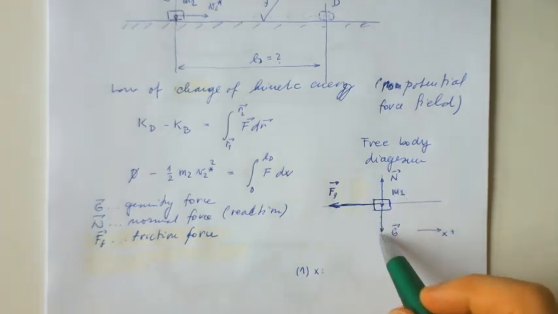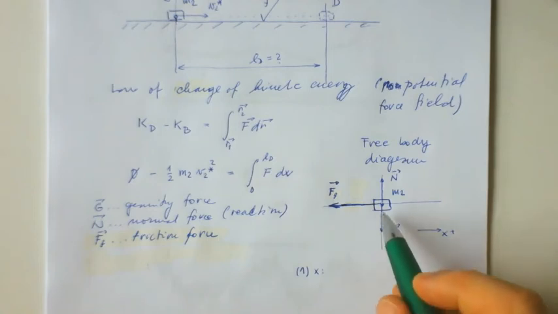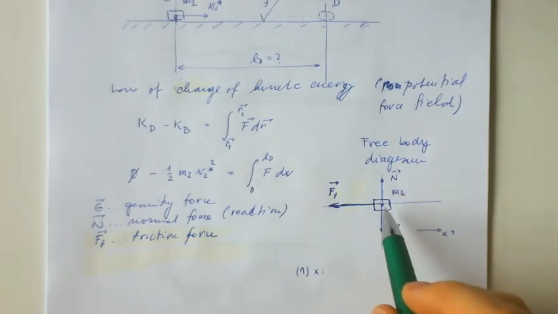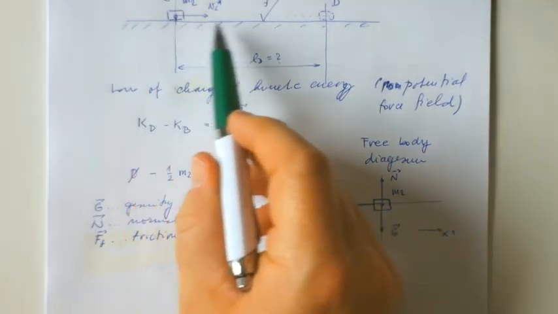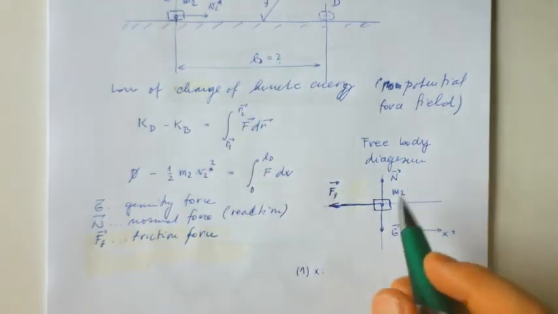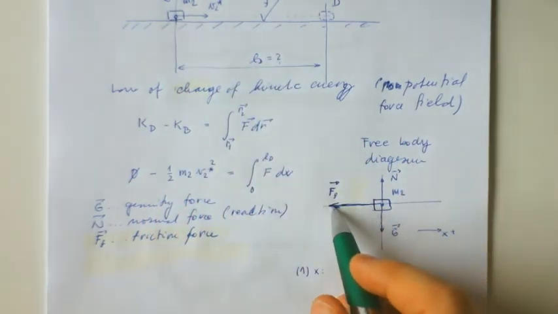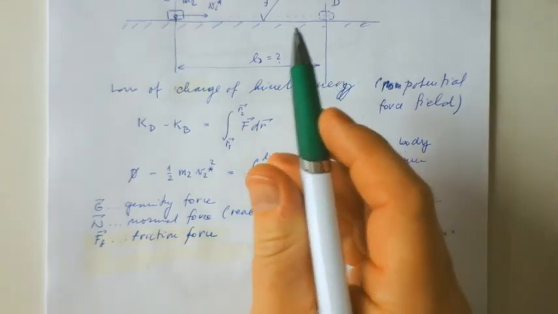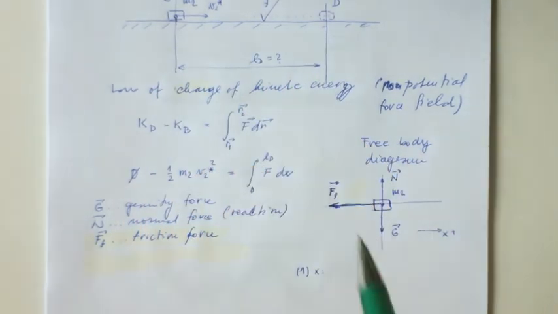First there is a gravity force acting downwards. Upwards there is a normal force as a reaction between the particle and the rigid base. Left acts the friction force against motion, and that's all.